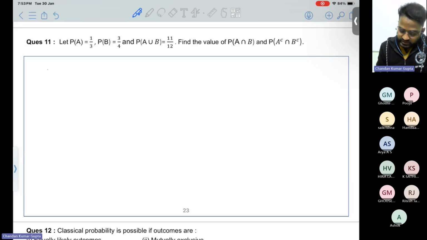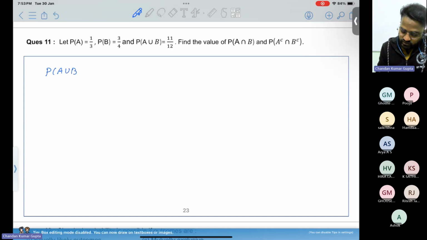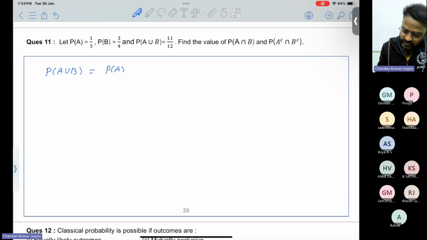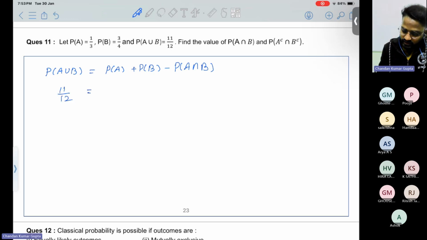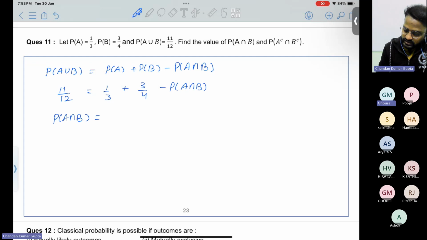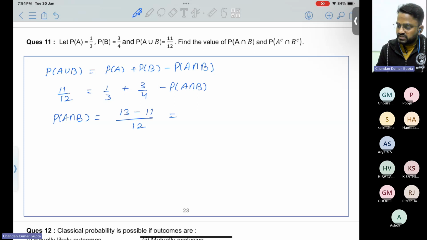Now first, probability of A union B equals probability of A plus probability of B minus probability of A intersection B. From here, 11 upon 12 equals 1 upon 3 plus 3 upon 4 minus probability of A intersection B. So probability of A intersection B is what? 4 plus 9 is 13, minus 11 upon 12. This comes out to be 1 by 6.